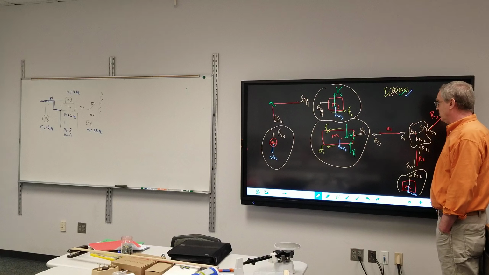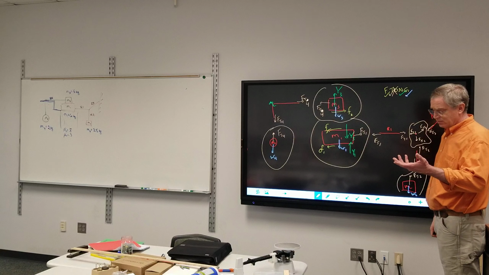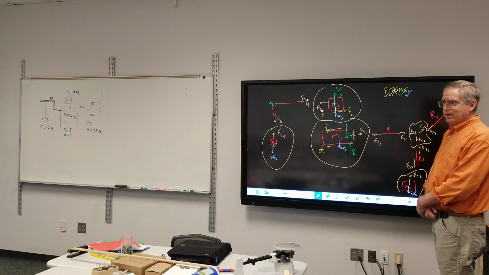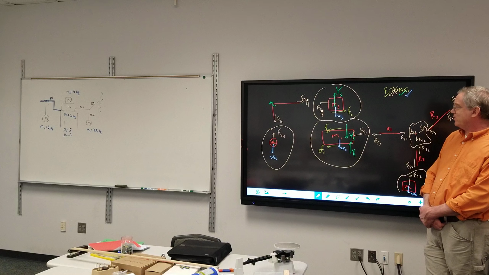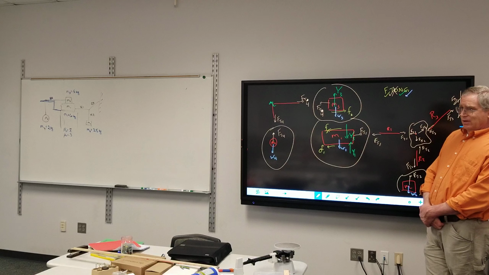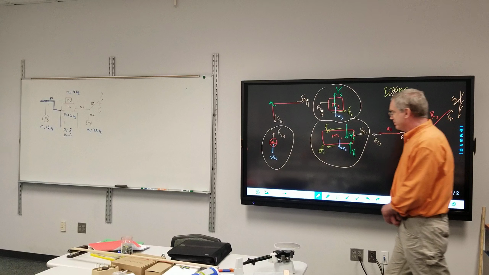Alright, what is the acceleration? We just did the force diagram. Okay, so we have some freedom here to pick our coordinate system. For mass 4, I got one equation, I only need to pick a positive or negative.